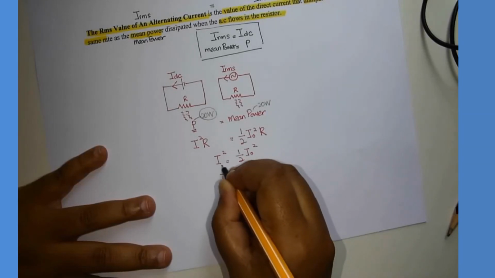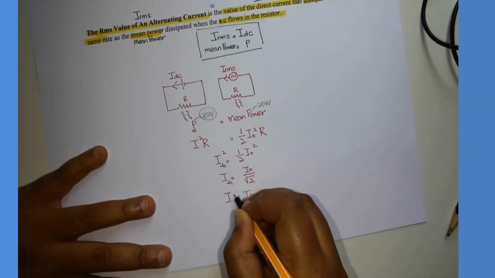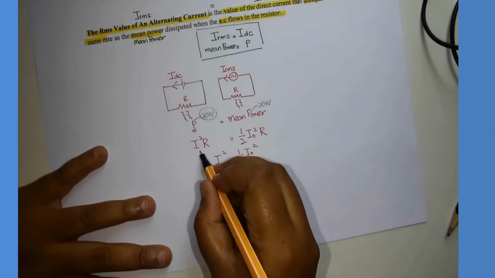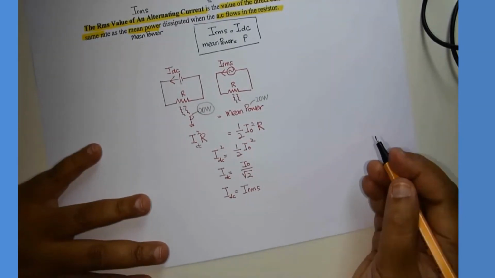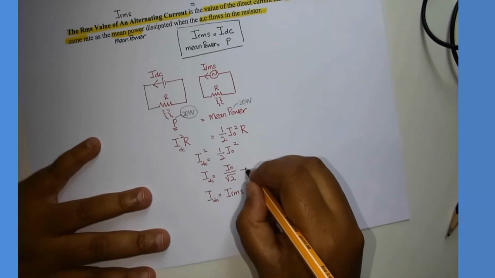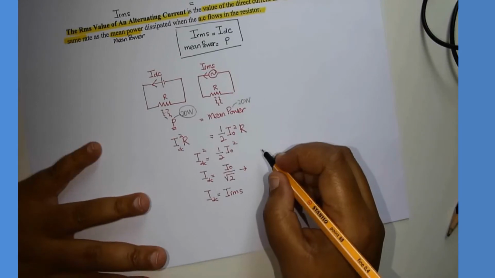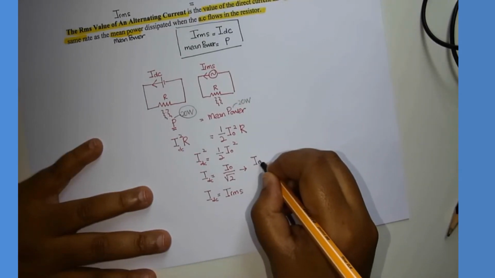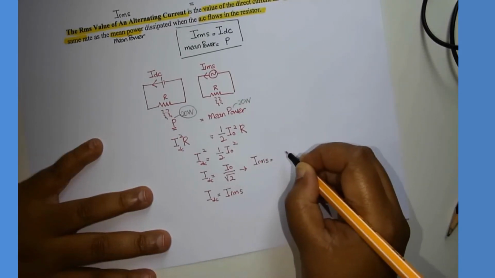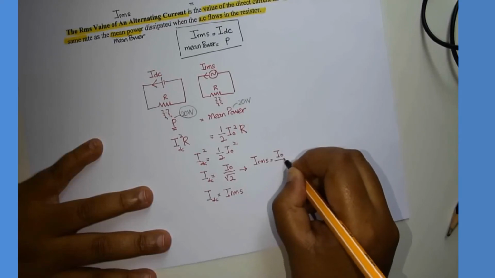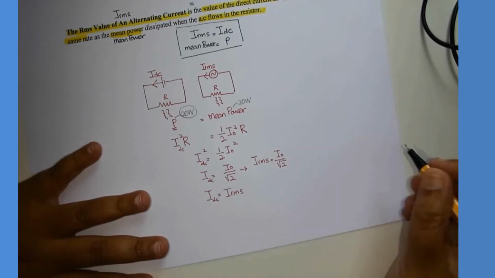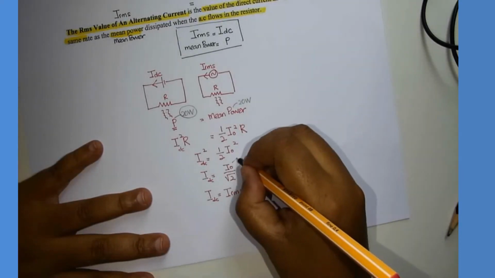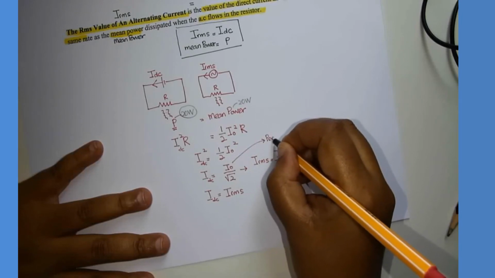I'm going to just put DC here, and here I'm going to put DC. Why? Because later you will look at the formula there. IRMS is equal to I naught over square root of 2. What is I naught? I naught is actually the peak current.